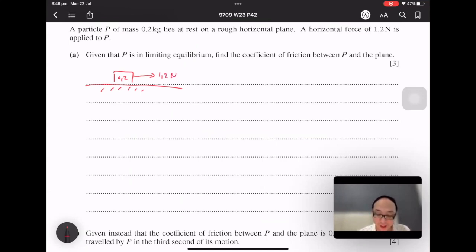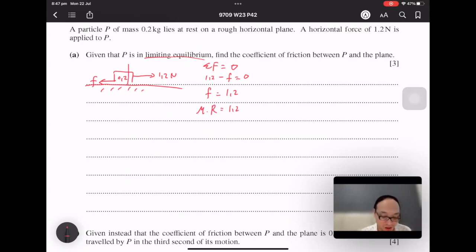P is in limiting equilibrium. So that means the friction will be here and the resultant force will be equal to 0 for the limiting equilibrium. So that means 1.2 minus friction equals 0. So the friction will be equal to 1.2. The friction is mu times the normal, which is 1.2.